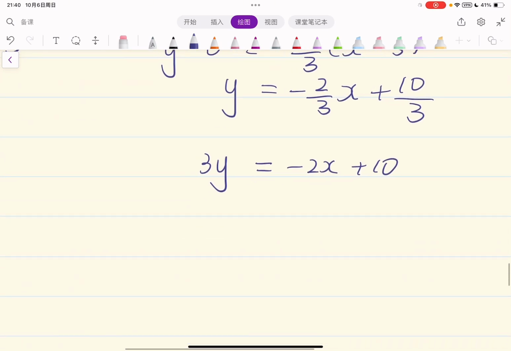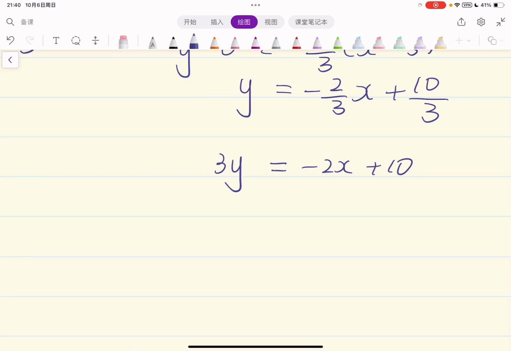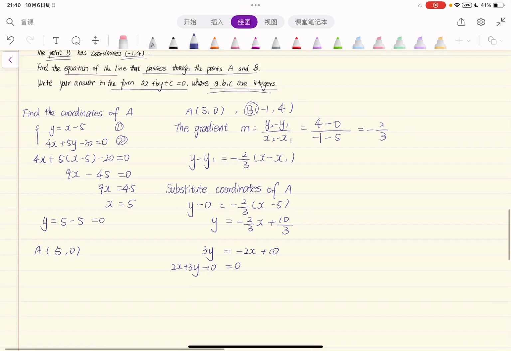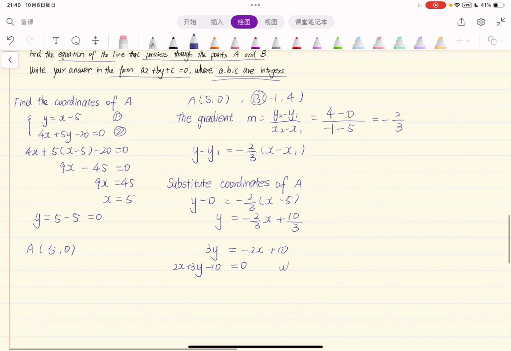And rearrange that, we want the right hand side equal to 0. We have 2x plus 3y minus 10 equals 0. So that's where a equals 2, b equals 3, and c equals minus 10. Okay, that is the answer.